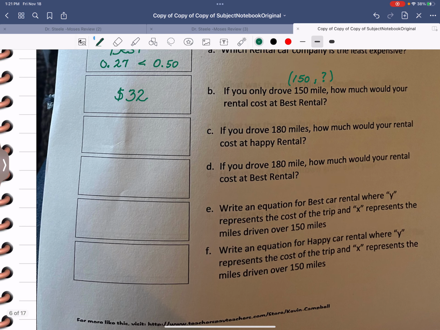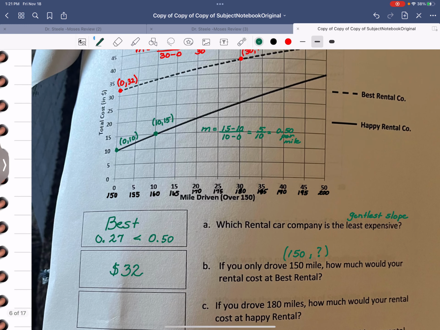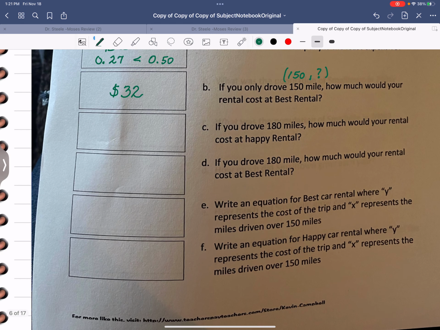If you drove 180 miles, how much would your rental cost at Happy Rental? Well, we found on Happy Rental that it's 50 cents a mile, so we would say that the cost is 50 cents a mile plus, remember we're looking at anything over 150, so 180 minus 150 is 30. So we're only looking at 30 miles.